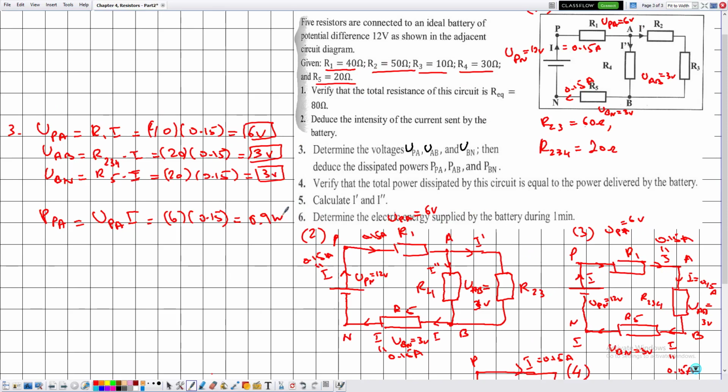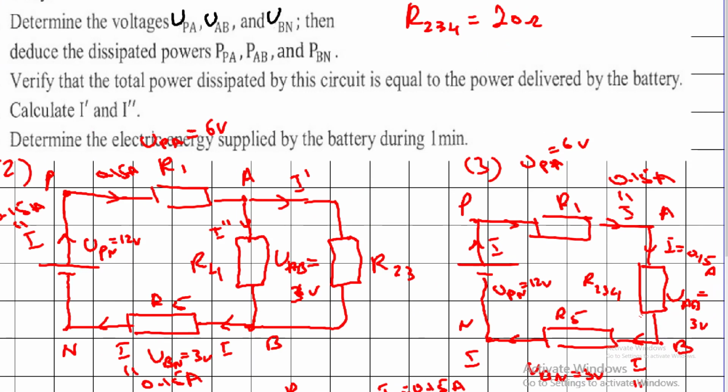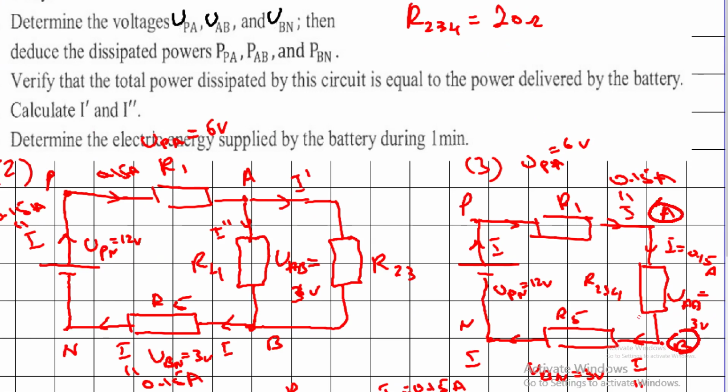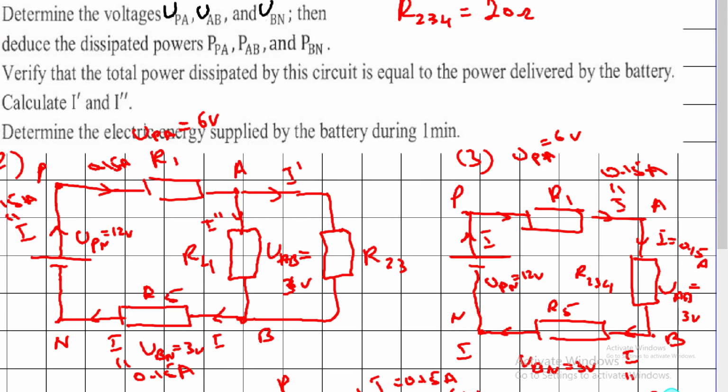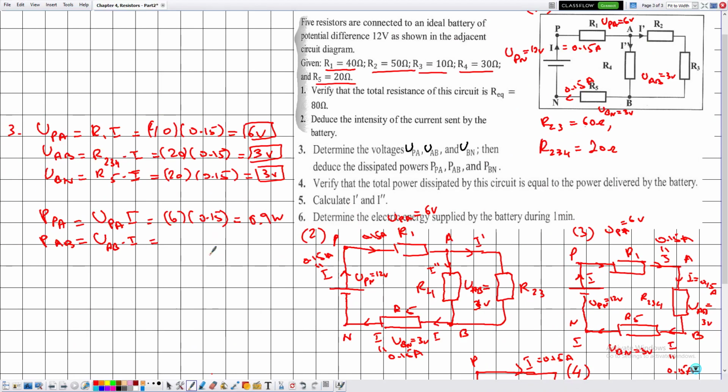which is watts. Now as for the power across A and B, which is the applied voltage UAB multiplied by the current I, the voltage UAB is 3 volts multiplied by 0.15, which is equal to 0.45 watts, and this is reasonable because it is half of this.